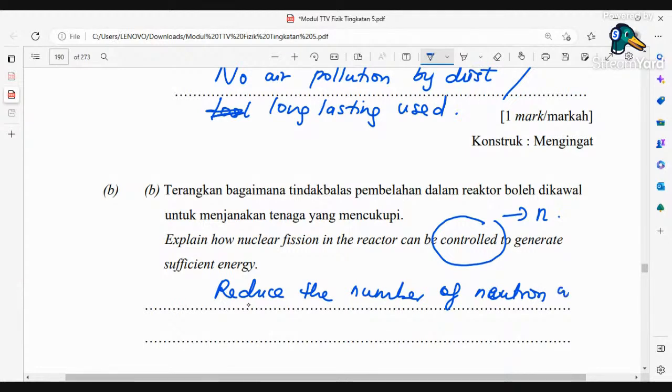The neutron used is the slow moving neutron.